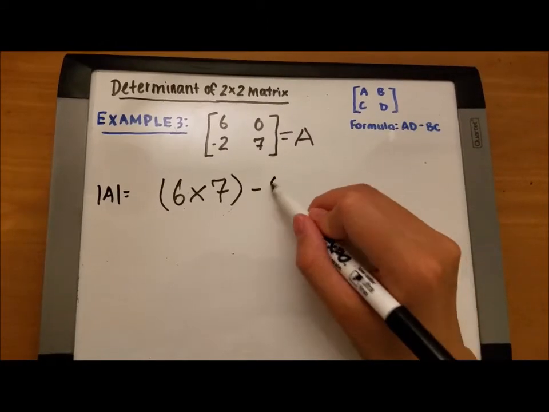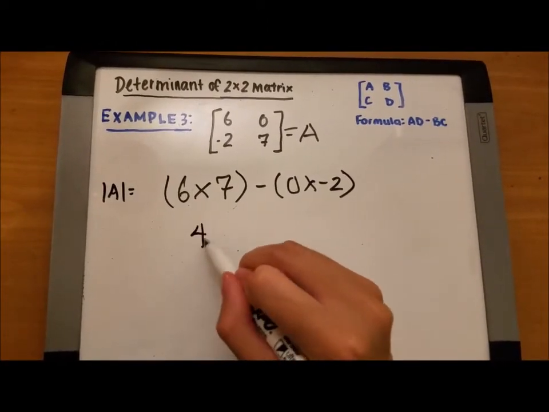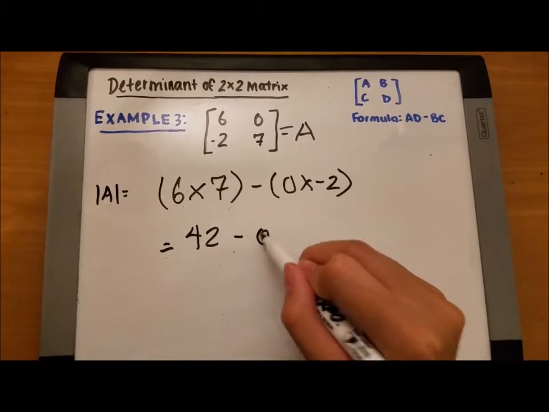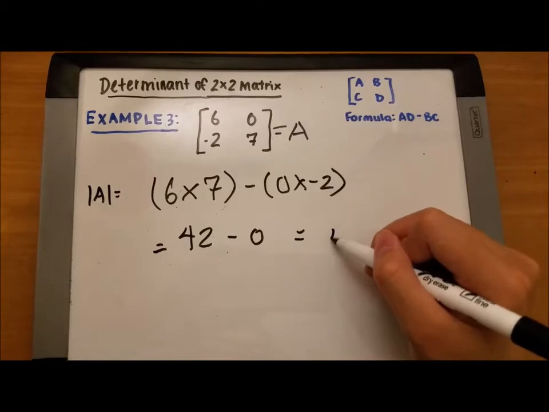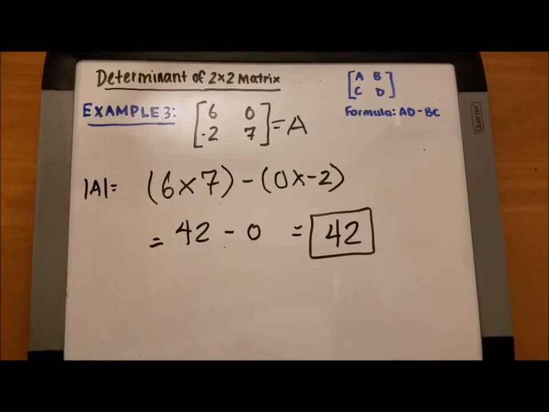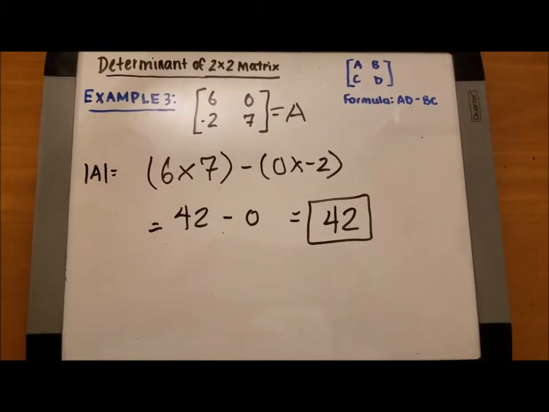Minus B times C is 0 times negative 2. 6 times 7 is 42, and then we minus a 0, so this is fairly easy. Our answer is simply 42. So the determinant of this last matrix is 42.